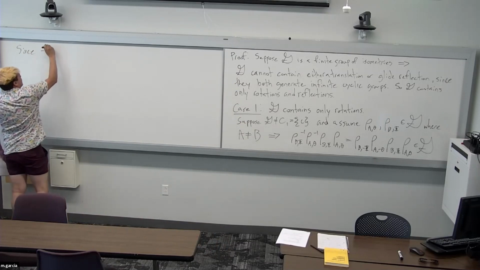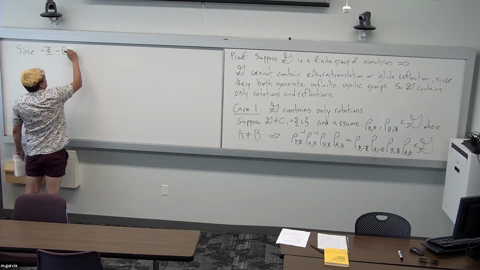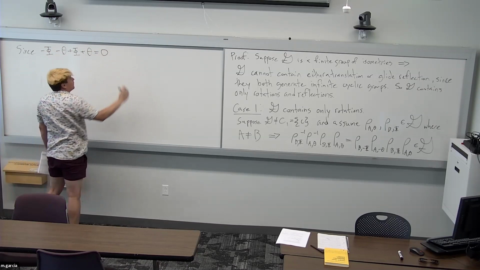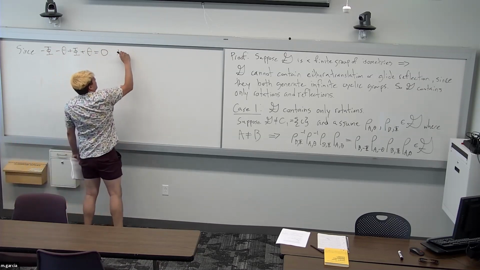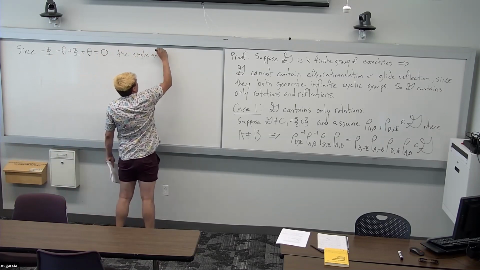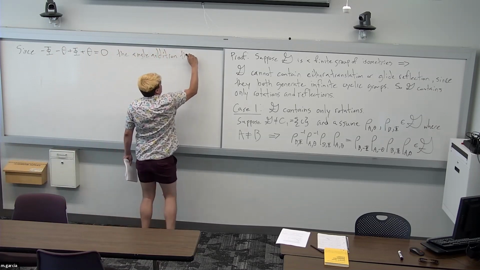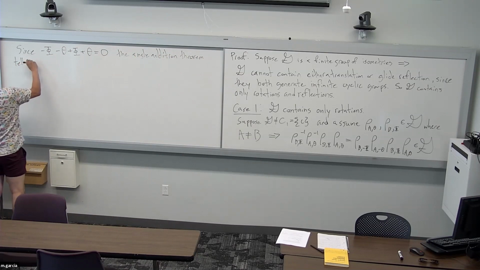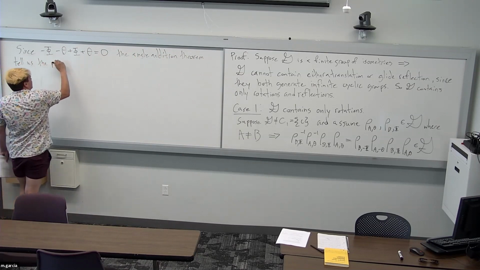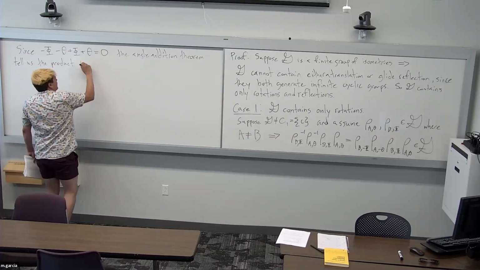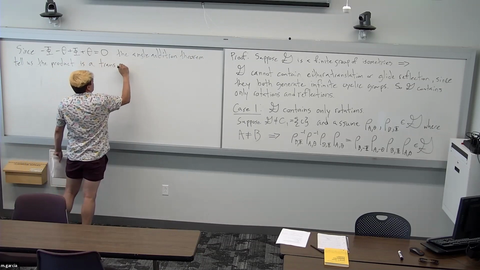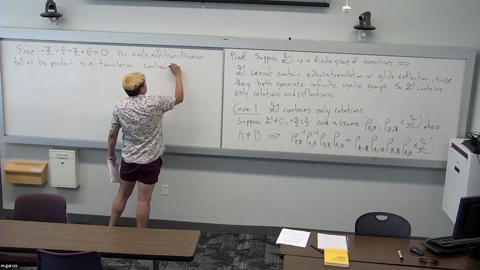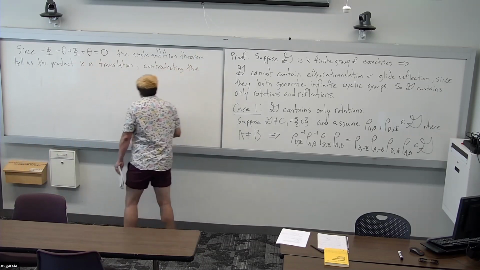Since negative phi minus theta plus phi plus theta is equal to 0, the angle addition theorem tells us the product in question is a translation, which contradicts the finiteness of G.